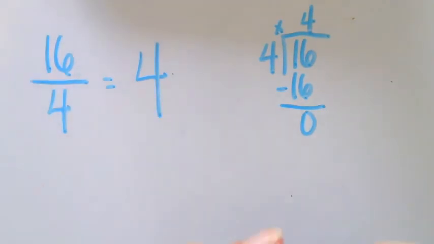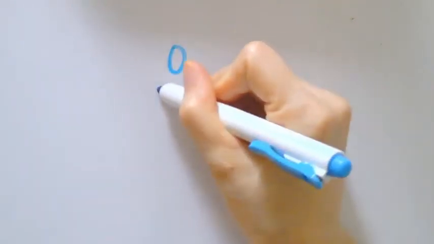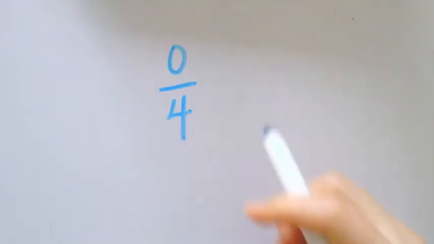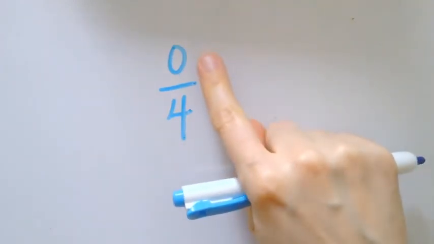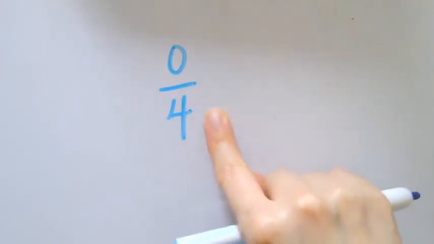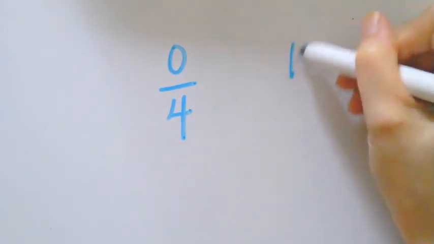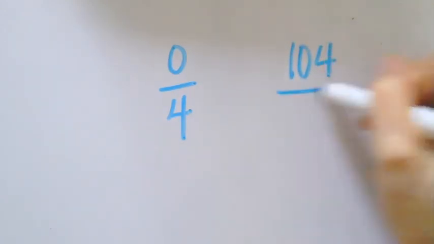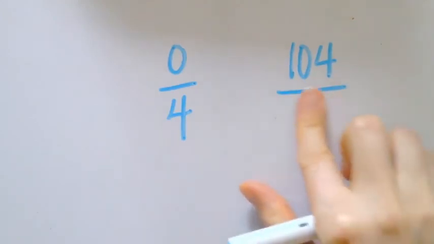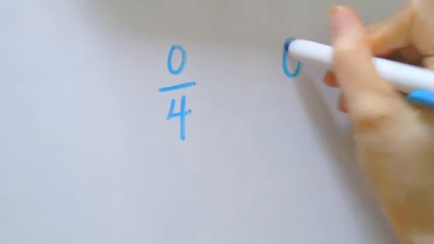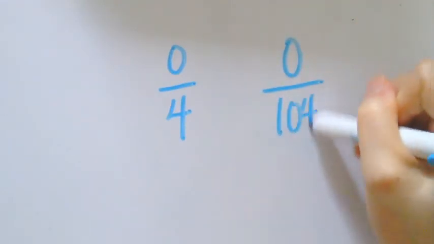Okay. I'm going to say that one more time just because I think I may have said that kind of quickly. Anytime you have a numerator of 0, I don't care what number that is as a denominator, it can be 104, excuse me, I meant to say 0 out of 104.